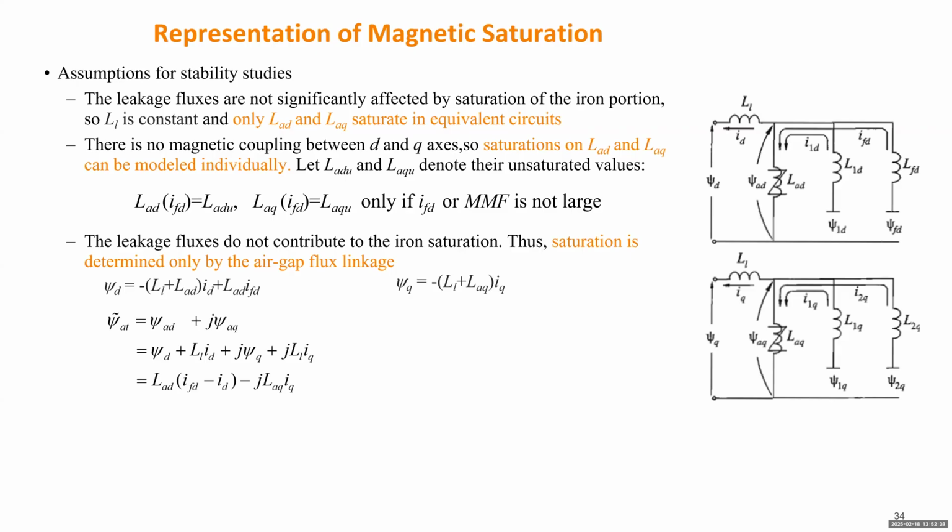And the psi AD, psi AQ will be just the flux linkage in the D and Q axis by ignoring the leakage, or you just add the leakage part. So finally, we create this phasor to represent the total magnetic field or total flux linkage in the generator. So if we know the real part and imaginary part, you can definitely use this law to calculate the magnitude of the flux linkage. So our next goal is to find how this one changes with the field current.